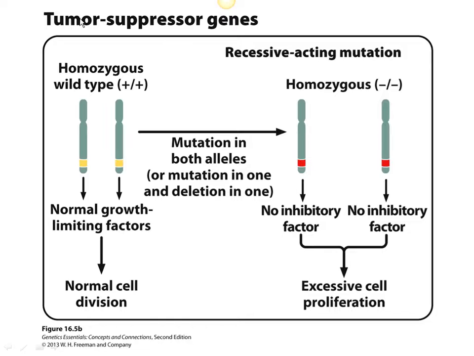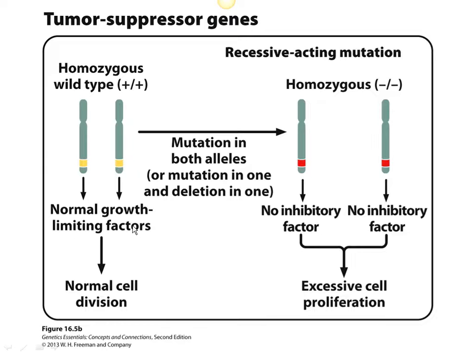Now the tumor suppressor genes, there's many of these, but for each one of these tumor suppressor genes you have two copies, one on each of the two homologs. And normal people are homozygous for a normal copy of those genes.